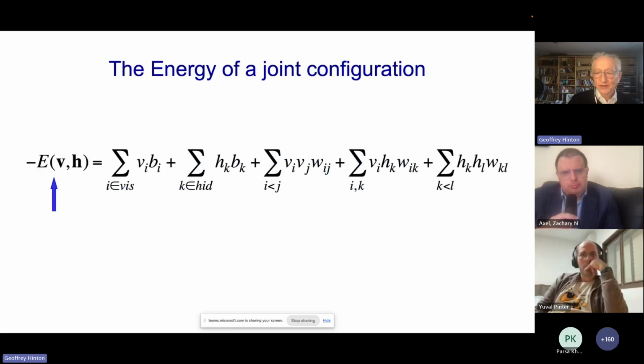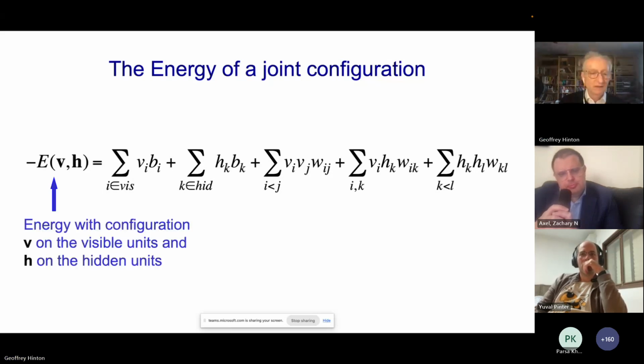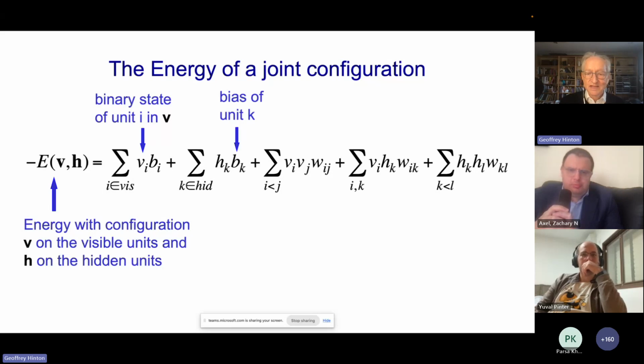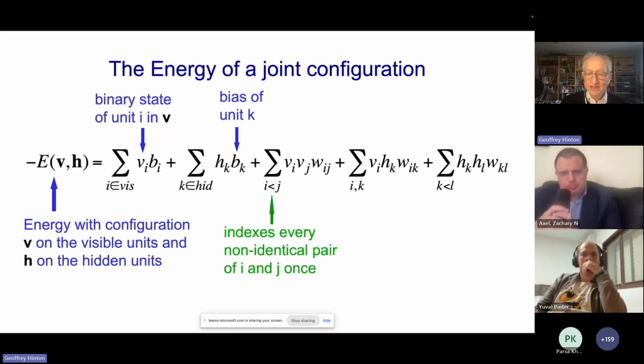The energy of a joint configuration is going to look like this. There are bias terms for the visible units and the hidden units. There are interactions between visible units, and we use i and j with a less-than sign, so you don't count them twice, and so you don't count terms where i equals j.